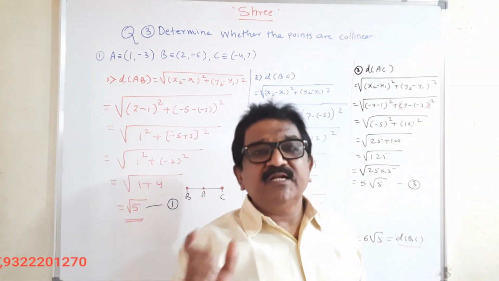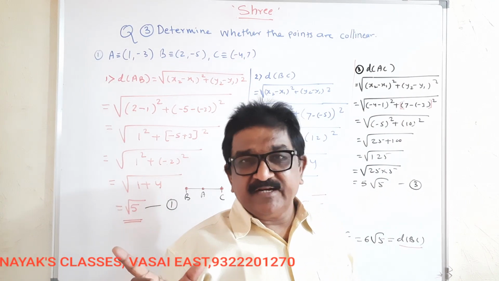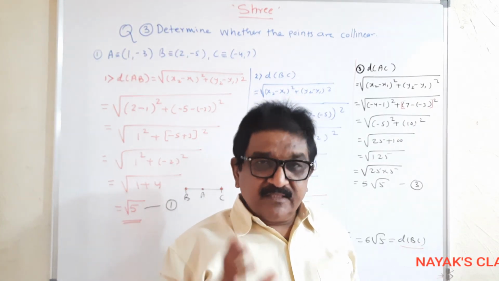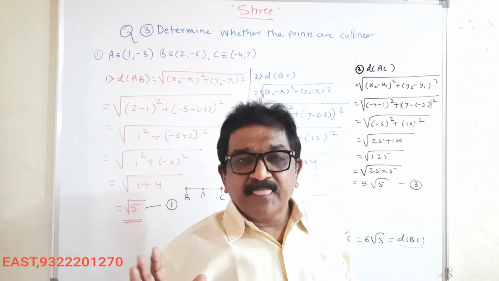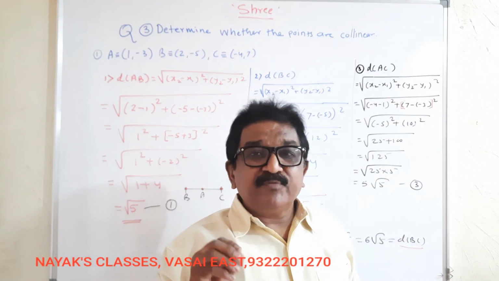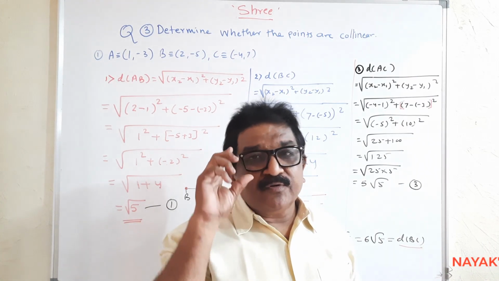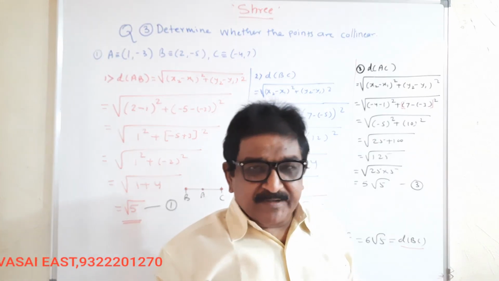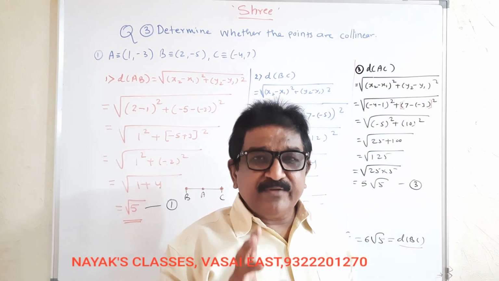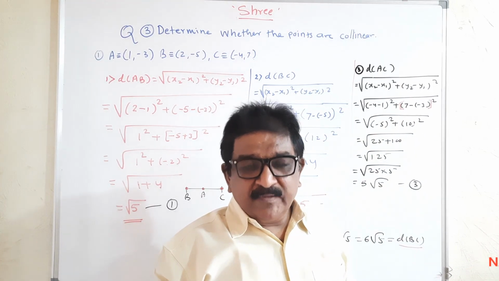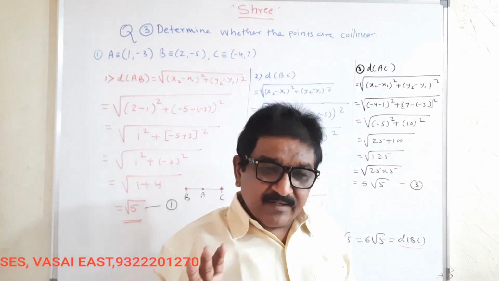If it is not there, the given points are not collinear. Without copying from the books or notes, you do it on your own, that will make you perfect. So I am putting faith in you and you will solve these examples at home today only. Clear? Okay.